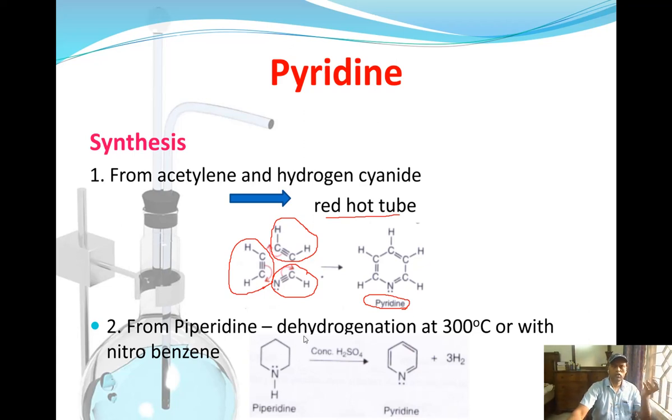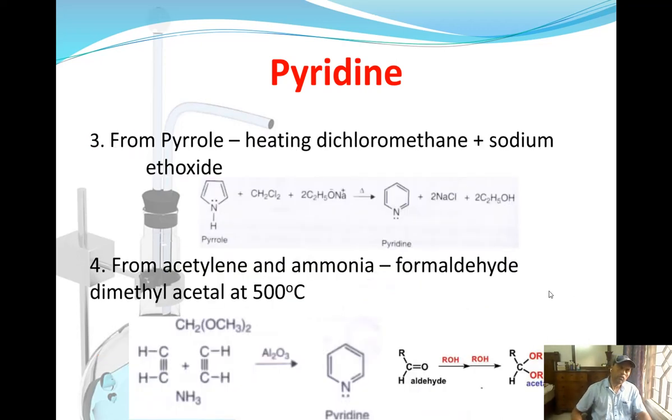Dehydrogenation is done at 300 degrees centigrade with concentrated sulfuric acid, and you are going to get pyridine as the product. Instead of concentrated sulfuric acid, you can use nitrobenzene. So this is the second method of synthesis.